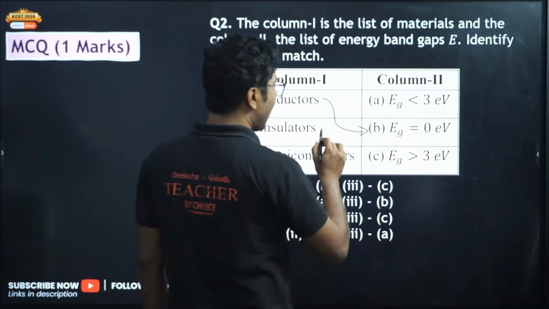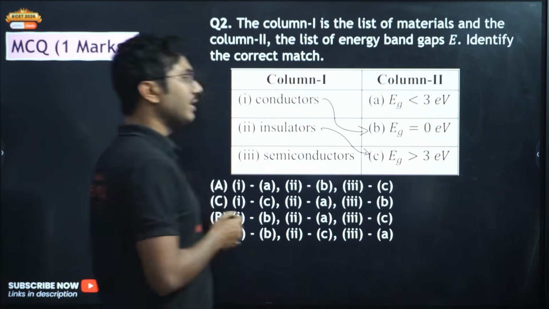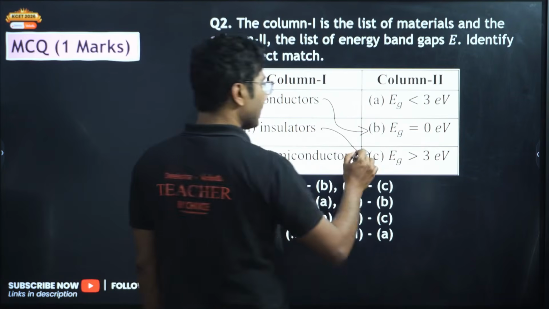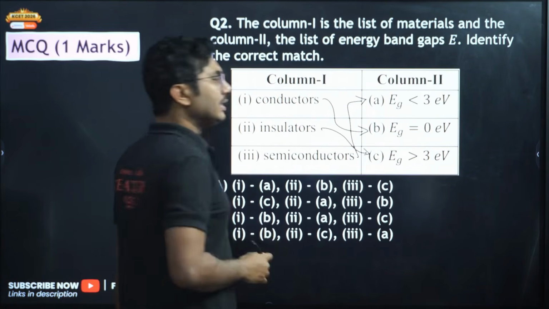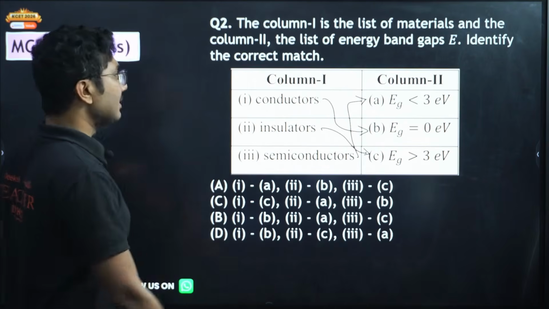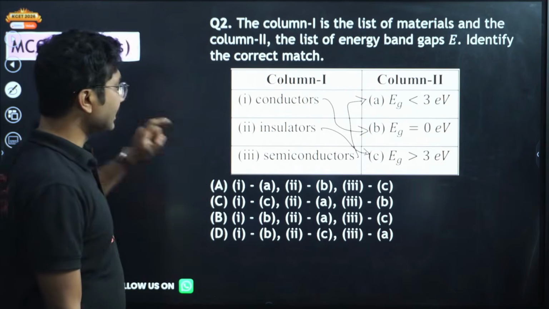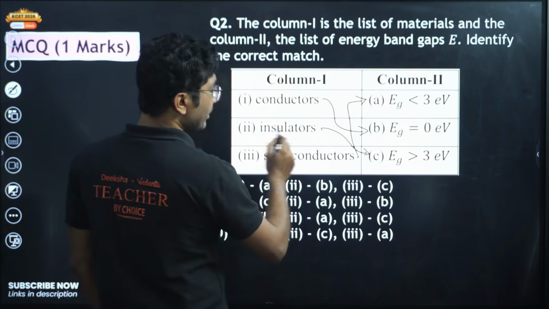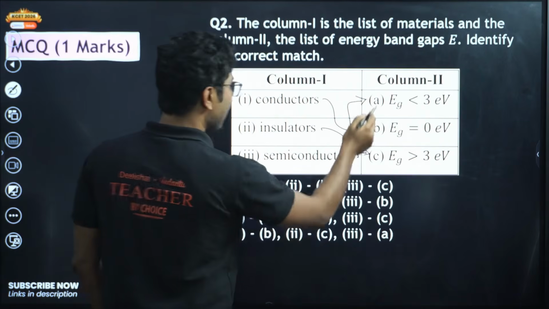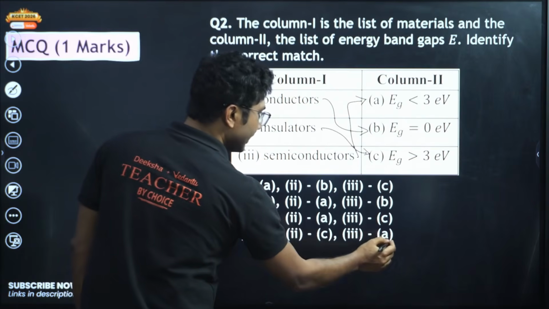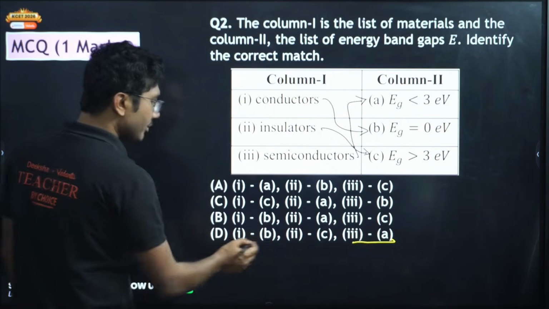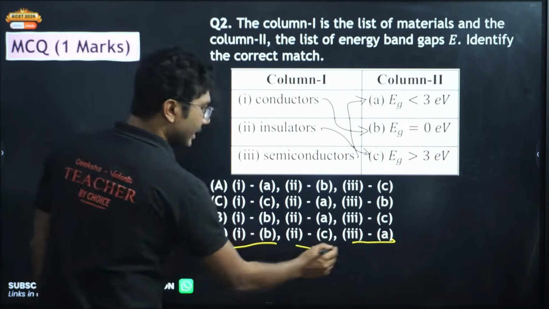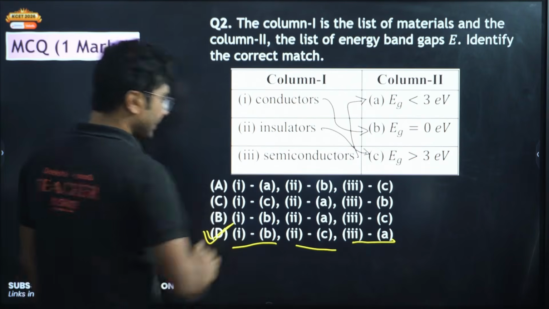Insulators have very high band gap, so greater than 3 electron volt, and semiconductors have band gap between 0 and 3 eV, so less than 3 eV. So let's see the matching. 1 is matching with B, 2 is matching with C, and 3 is matching with A. Since 3 matching with A is given only once, we match the first one also. So this is the correct matching. Obviously option D is correct.